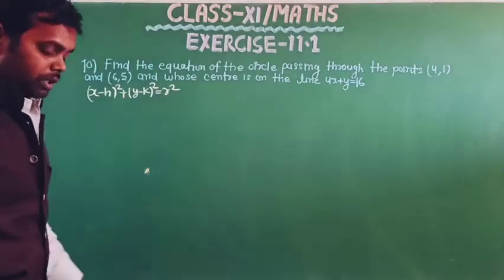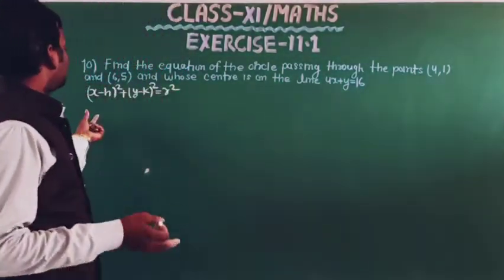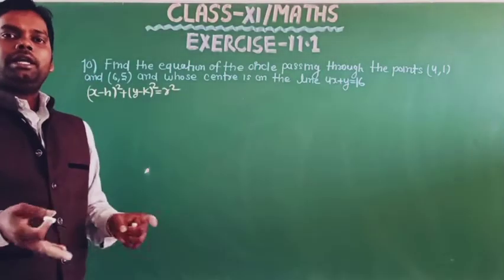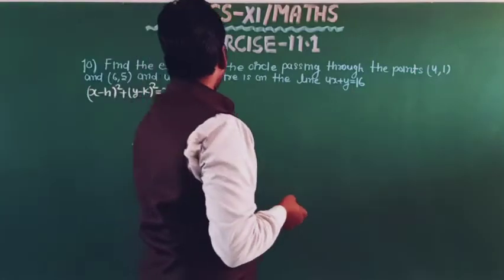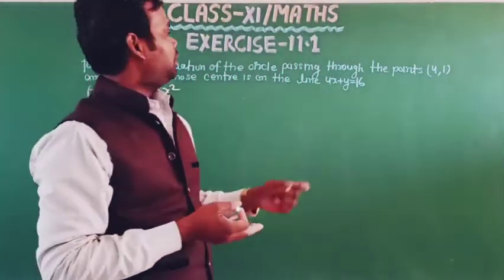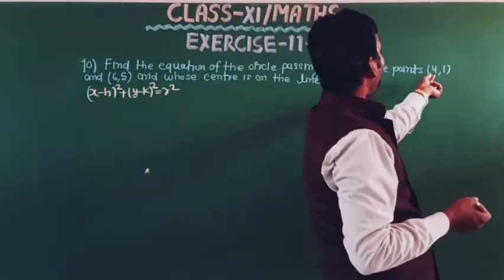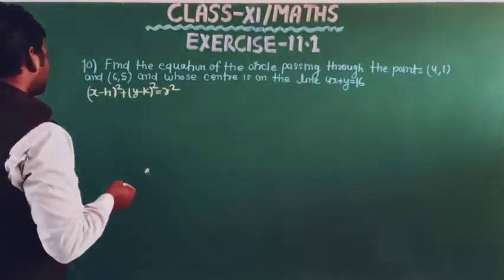This is the standard equation of a circle with center (h, k) and radius r. So we are given that the circle is passing through the point (4, 1).